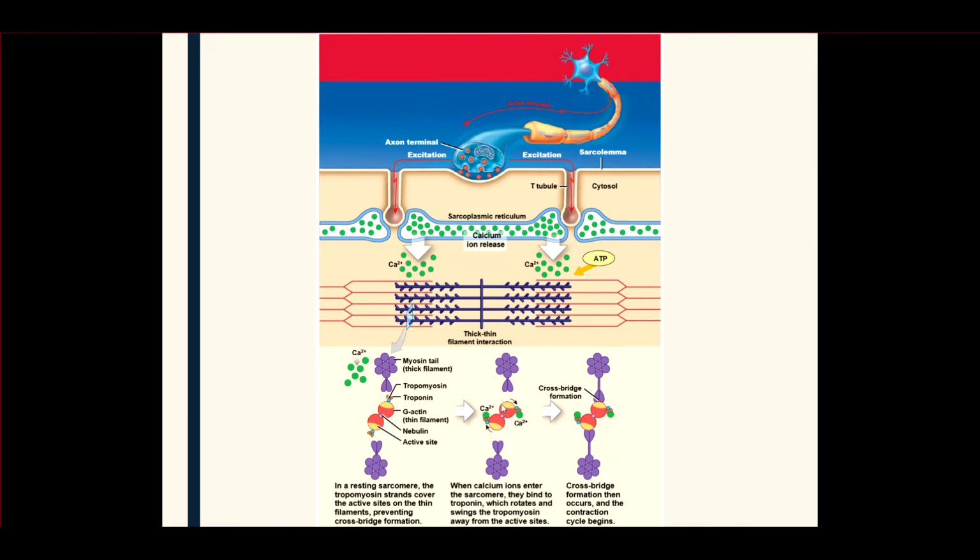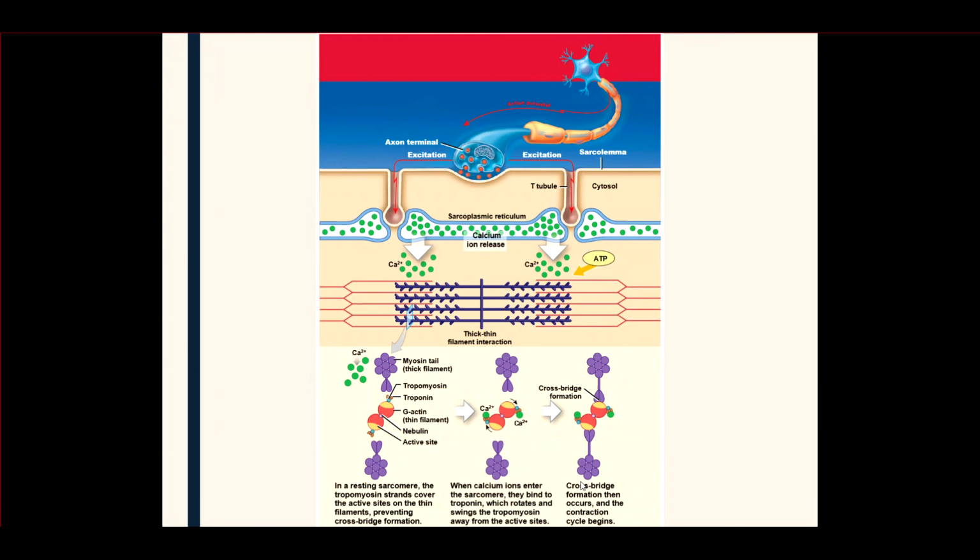So now our active site is exposed. That's good. Once the active site is exposed, the myosin head, these little blue extensions here, they jump up and they attach to the active site. That formation of the myosin head to the active site is called a cross bridge.